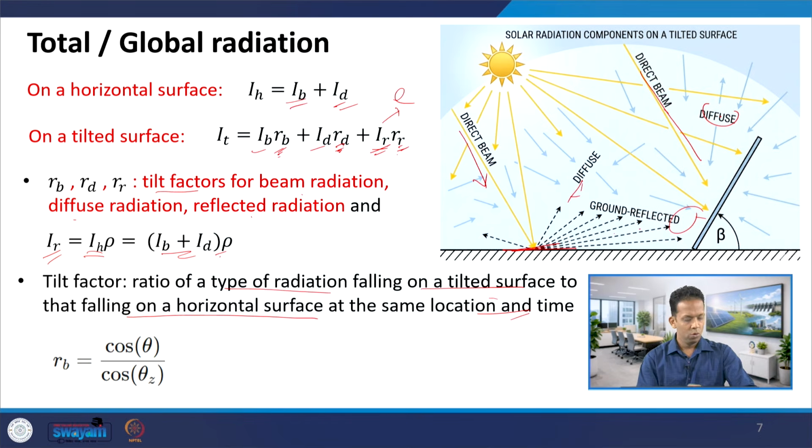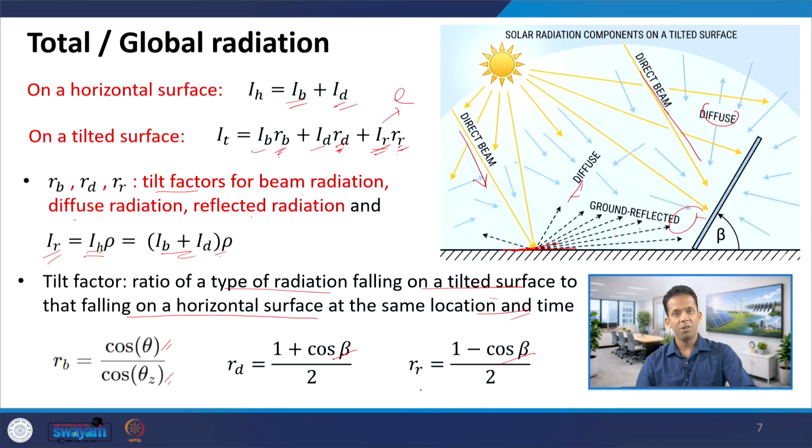Okay. So, if we have to write it in terms of formula, RB is cos theta by cos theta z, that is what we had seen earlier. For a tilted surface it depends on the angle of incidence, for horizontal it depends on the zenith angle. RD is (1 plus cos beta) by 2 and (1 minus cos beta) by 2 is for the reflected.